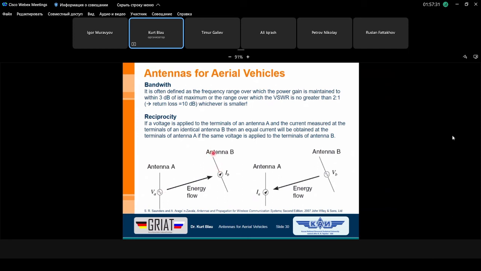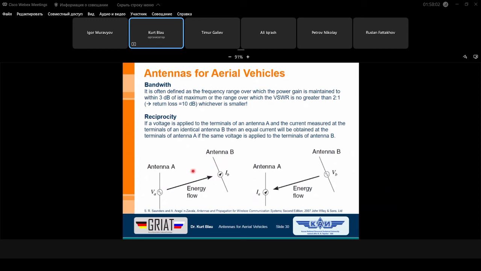And this dipole should have more or less the same dimensions as this one. It's not necessary that this dipole has a special localization relative to this dipole. You can choose any distance, any location of this second antenna B relative to the first antenna.